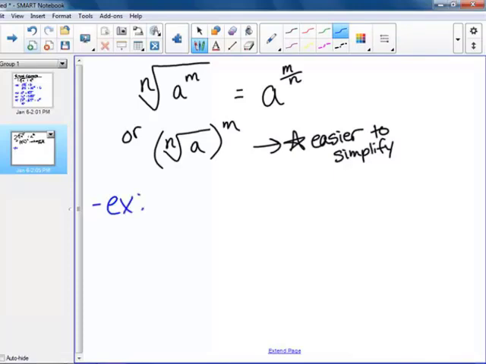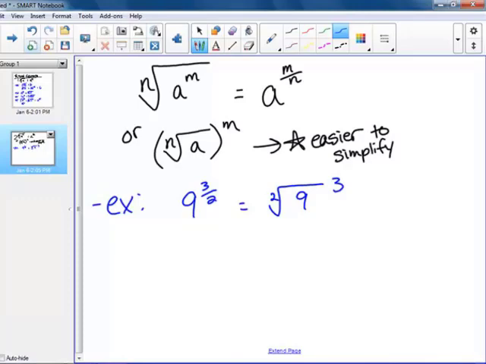So let's say I'm asked to simplify 9 to the 3/2 power. Okay, so it's going to be a lot easier to rewrite this as, okay, I'm going to have 9. Now think about where the 3 and the 2 go. The 2 is on the bottom, that's my n, that is my root. 3 is my exponent.